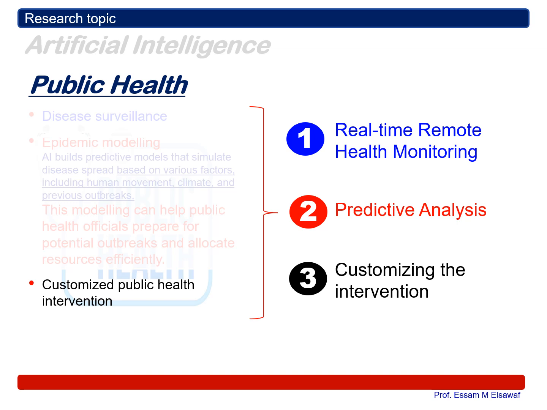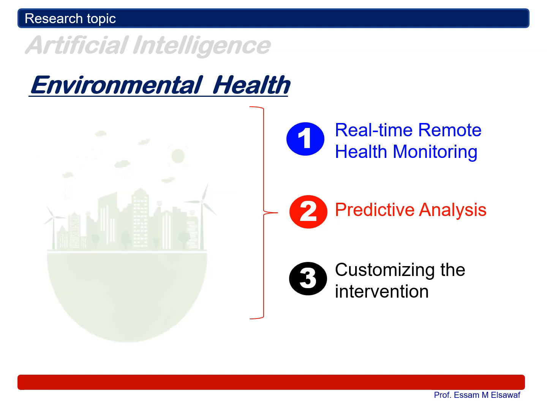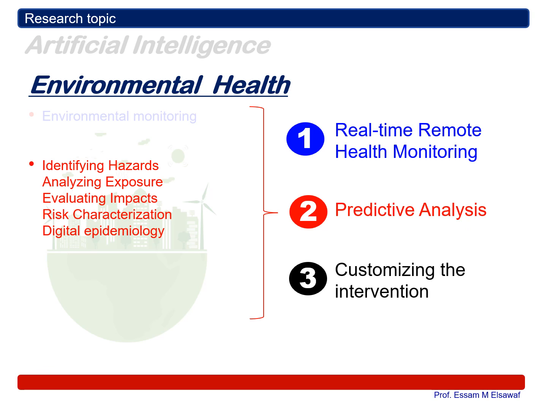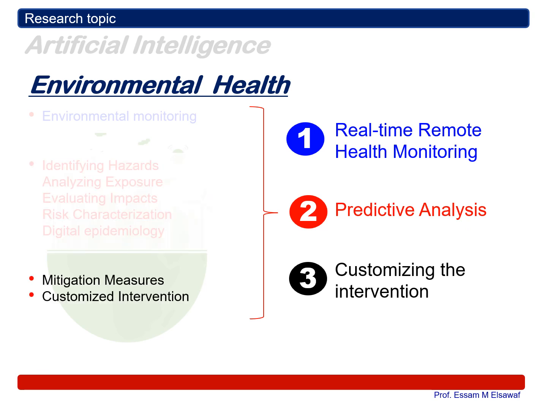Environmental health, same, by environmental monitoring. It's real-time environmental monitoring. It can identify hazards and analyze exposure, evaluate impacts, risk characterization by digital epidemiology. Accordingly, it can customize intervention and actually mitigate.